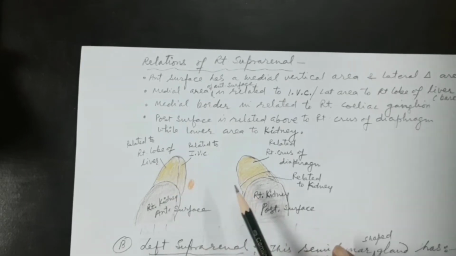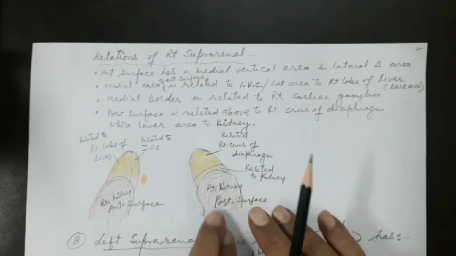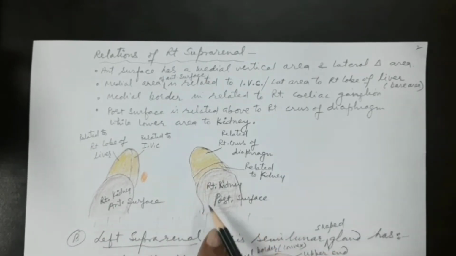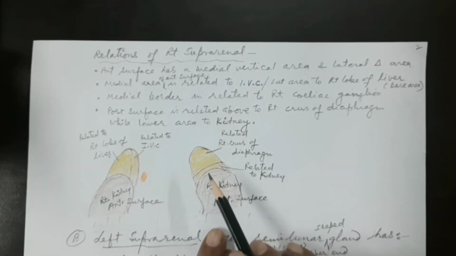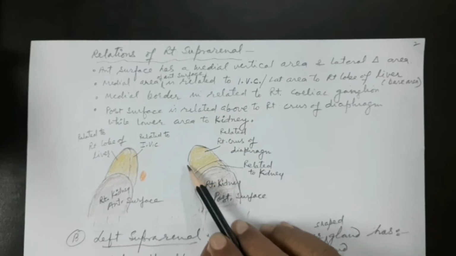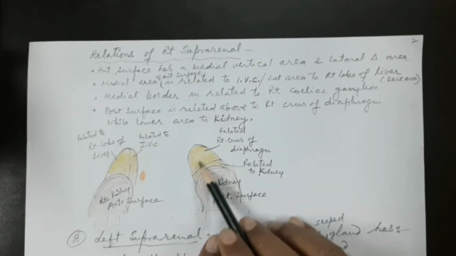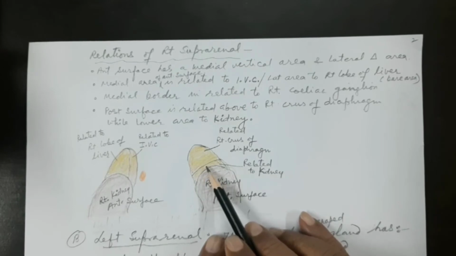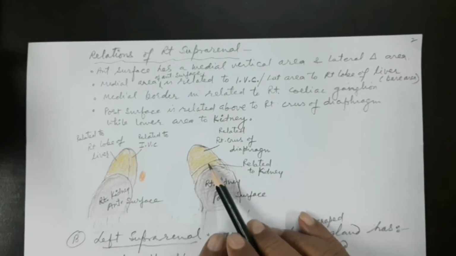Now the posterior surface. In the adjacent diagram, this is again the same right kidney, but we are looking at it from the posterior surface. The posterior surface of the suprarenal gland is divided into two parts.